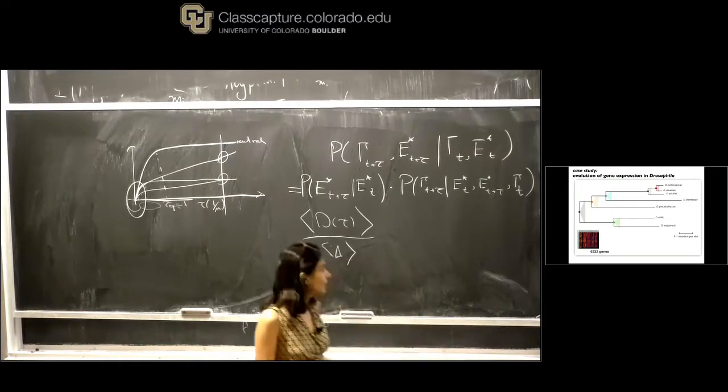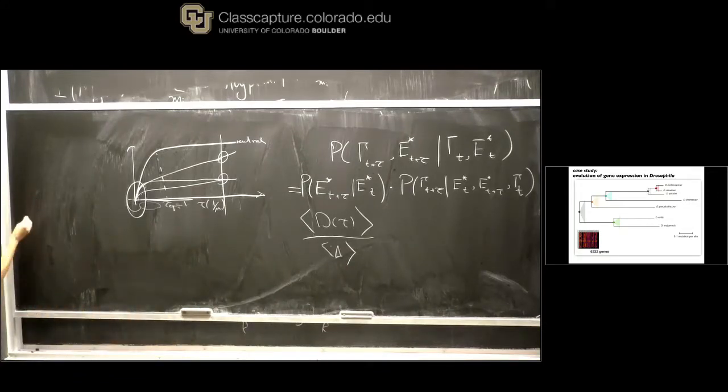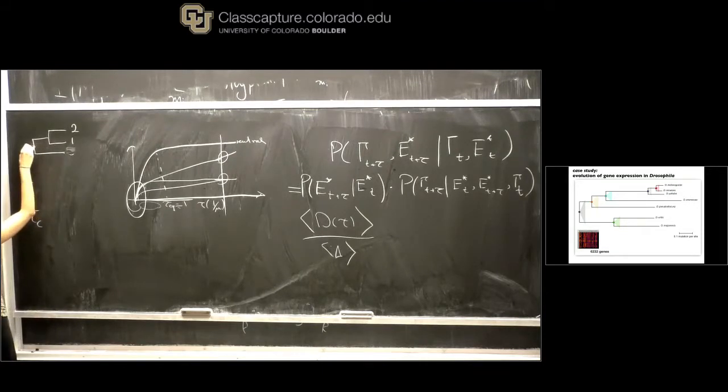So you can characterize the clade time. Let's say we have a clade which is these three species. Let's call it 0, 1, 2. So this guy is 0.